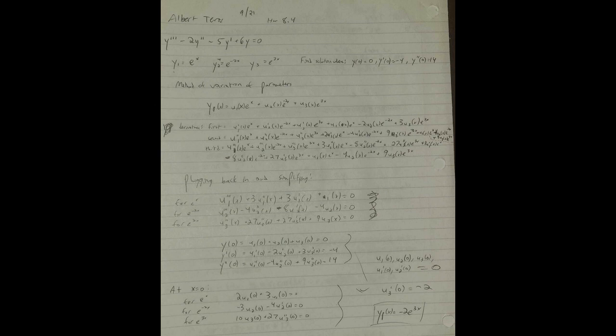I have the notes printed. We had to get the general solution, then get it down to the particular solution. So there's this equation there that we had to plug into.